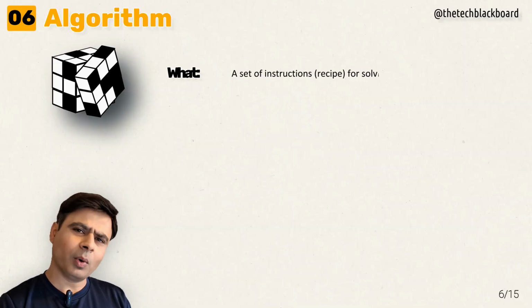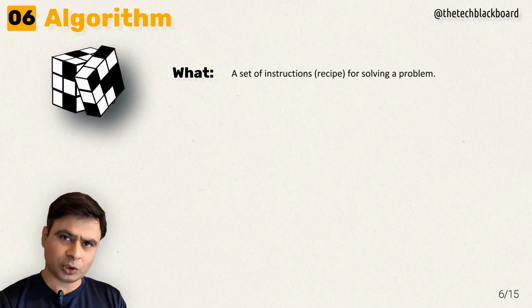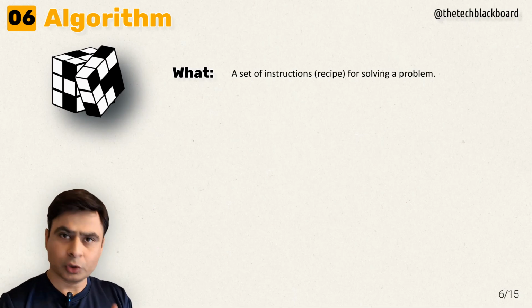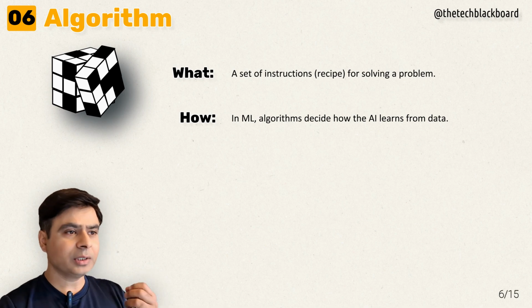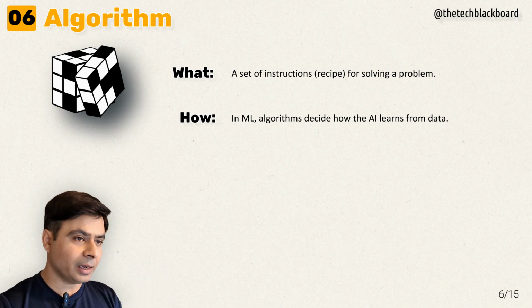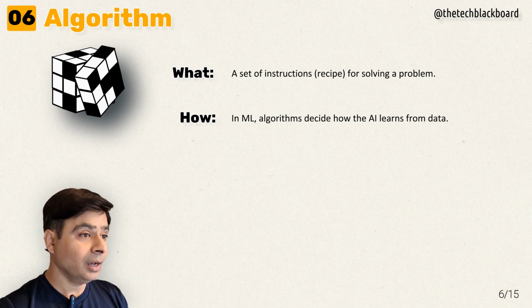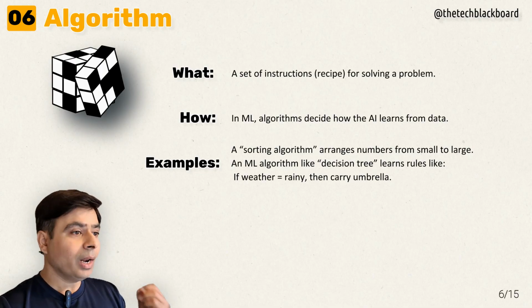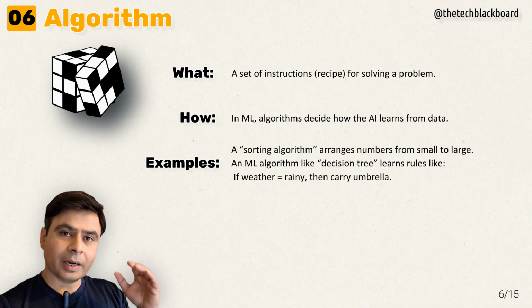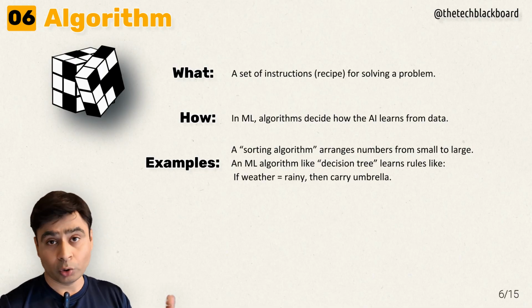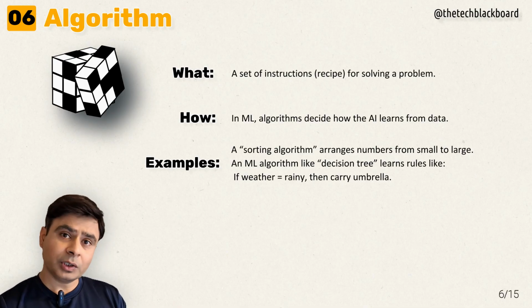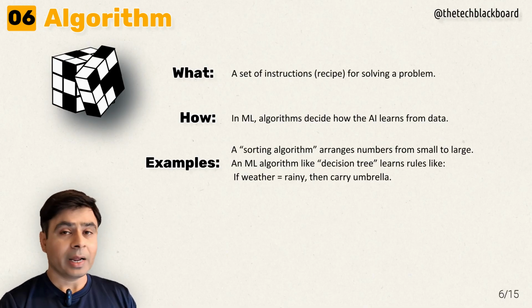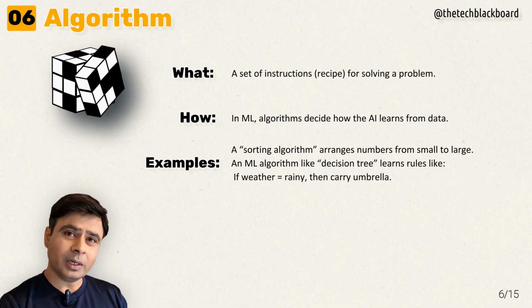In simple words, an algorithm is a set of instructions for problem solving. How does it work? Well, in machine learning, the algorithm decides how the AI learns from the data. What can be the examples? A sorting algorithm that arranges numbers from small to large or large to small or any other pattern, and a machine learning algorithm like decision trees that learns rules.